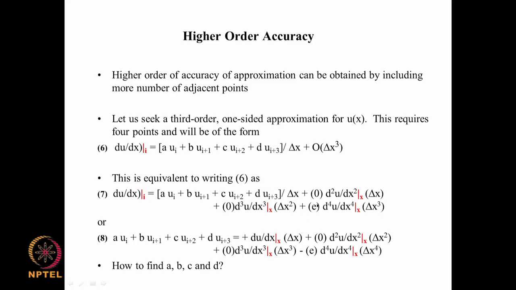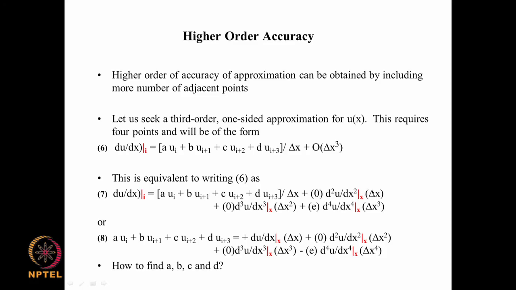And when you have an expression like this plus higher order terms, that is the fifth derivative times Δx to the power 4 and all that, equation 7 and equation 6 are equivalent, because they both are saying that du/dx at i is in terms of u_{i+1}, u_{i+2}, u_{i+3} like this, plus 0 times this.